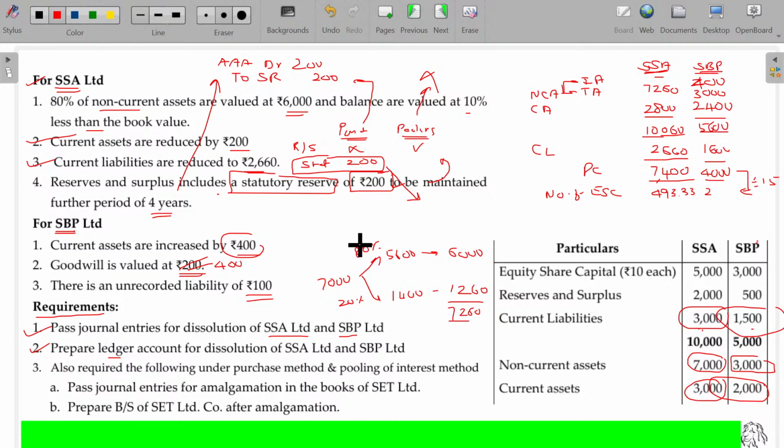It was wrongly shown in the text, so I correct this in the question itself. Goodwill being 400. Okay. Then this value being 5,800.